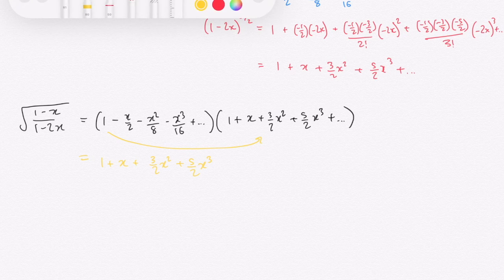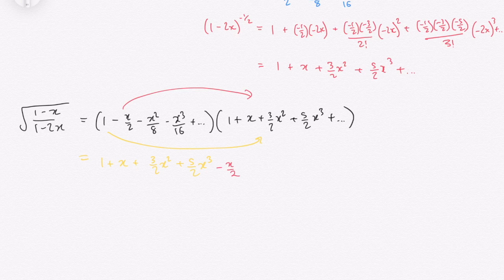And now let's do in red minus x over 2 multiplied by everything in here, so we get minus x over 2 minus x squared over 2 minus 3 over 4 x cubed. And we don't need to do the next one because that will end up with x to the power of 4. Now in blue, let's multiply the negative x squared over 8 by everything in here.